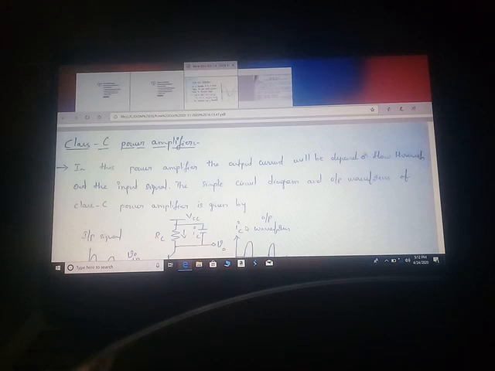And when you are going for the design of the circuit diagram, it is related. Similarly, Class C power amplifier also has the same features which we are considering here.